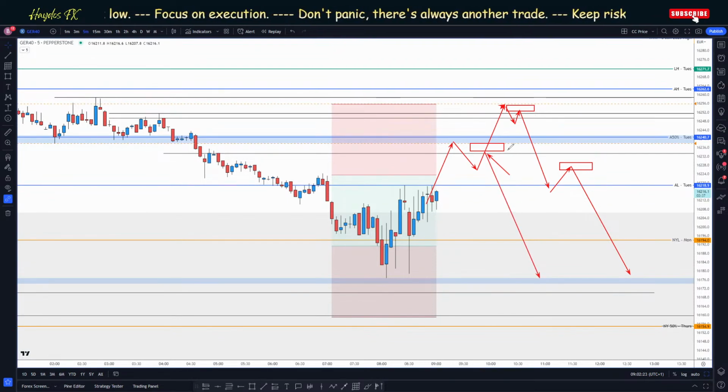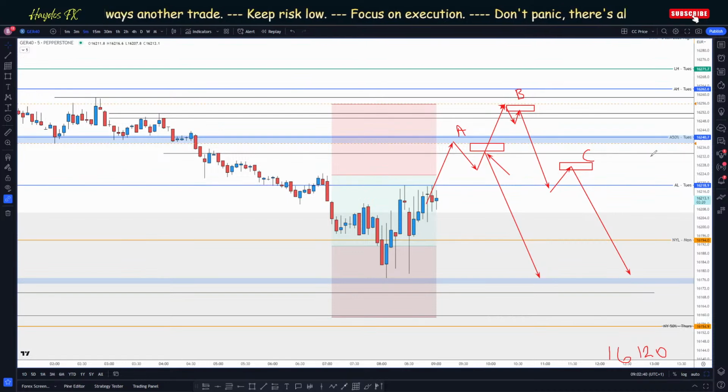So this is option A, option B, option C. Look into target. Ideally, I'd like to see 16,120. But if I'm getting the trade from here, I'd even just be happy with retesting these lows.